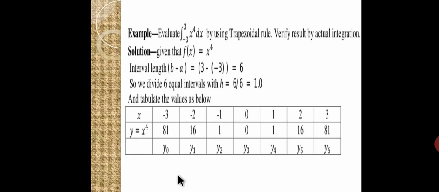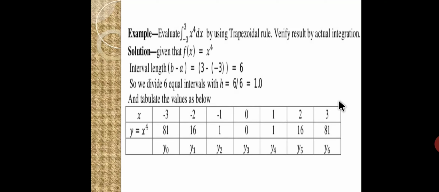So these are the values: y0 is equal to 81, y1 is equal to 16, y2 is equal to 1, y3 is equal to 0, y4 is equal to 1, y5 is equal to 16, y6 is equal to 81. These are the tabular values for the given function.